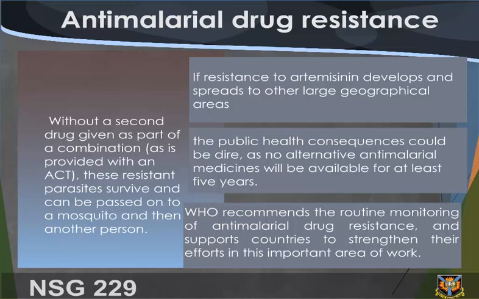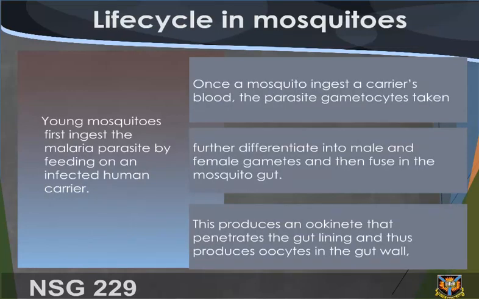Life cycle in mosquitoes. Young mosquitoes first ingest the malaria parasite by feeding on an infected human carrier. Once a mosquito ingests a carrier's blood, the parasite gametocytes further differentiate into male and female gametes and then fuse in the mosquito gut.